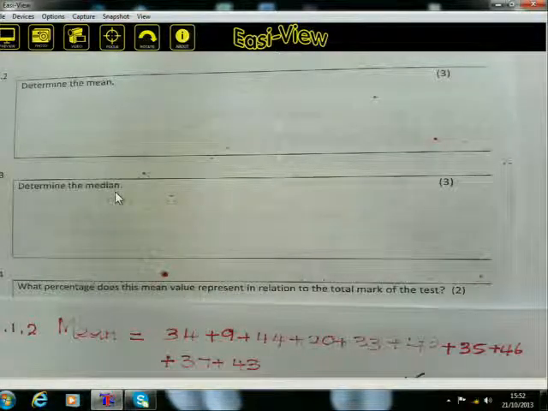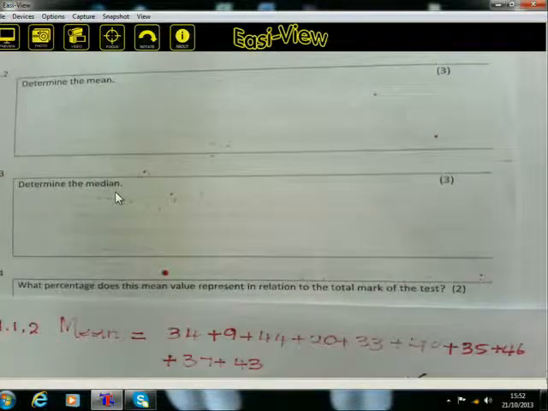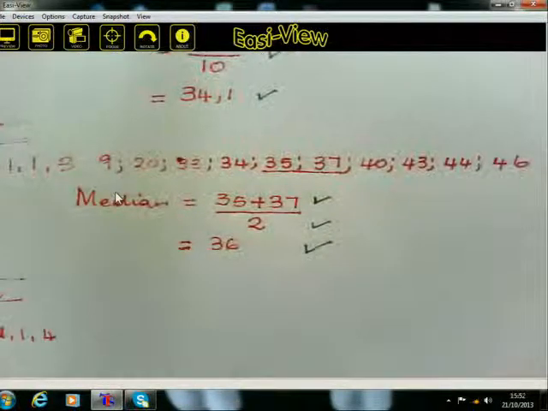We need a percentage of what? Of the mean value. So how are you going to get it? To get the mean value, let us go to our answer sheet.